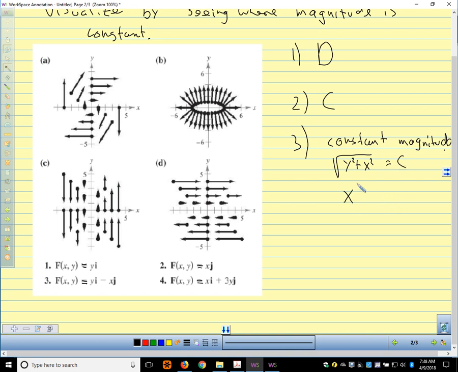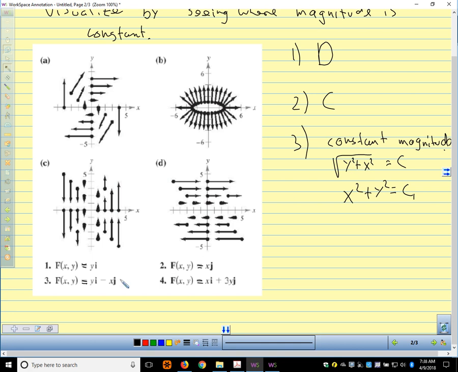Well, this is x squared plus y squared equals some other constant. So this is going to have constant magnitude on a circle. So which ones of these have constant magnitude on a circle? That looks like an ellipse. So here we have a circle. The vectors around that circle have constant magnitude.